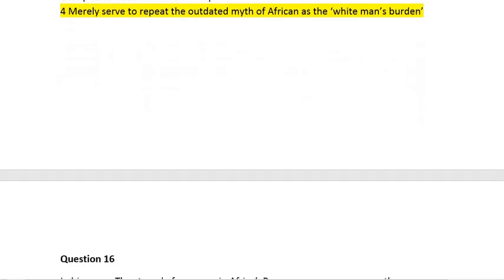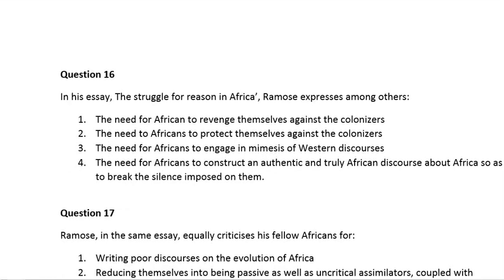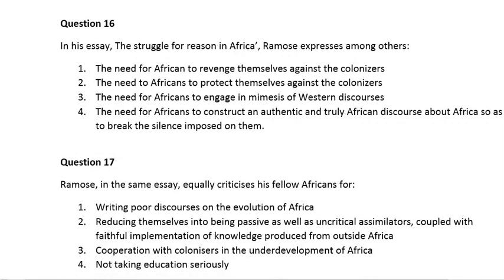Let's go to question number 16. In his essay, The Struggle for Reason in Africa, Ramose expresses, among others: number 1, the need for Africans to revenge themselves against the colonizers. Number 2, the need for Africans to protect themselves against the colonizers. Number 3, the need for Africans to engage in mimesis of Western discourses.